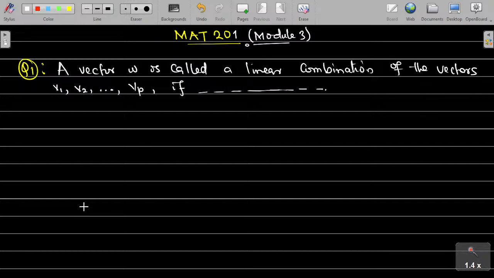The module has, let's look at it, it's page 18. It has question 1, question 2, 3, 4, 5. After 5, yes, the module has 5 questions.